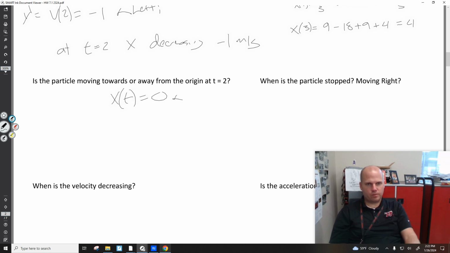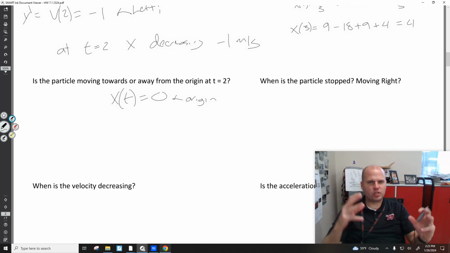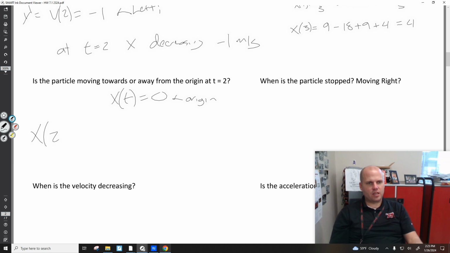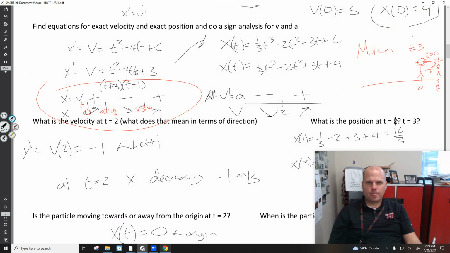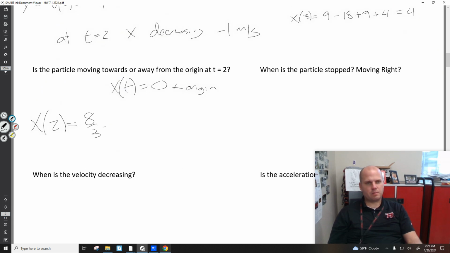This is the origin. Am I going closer to a position of 0? Well, I plug in 2. My position at time 2 is 8 thirds minus 8 plus 6 plus 4. 8 thirds minus 8 plus 6 plus 4.